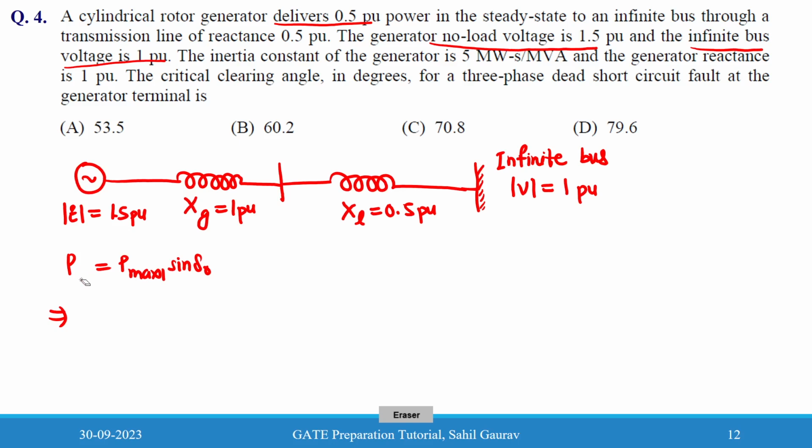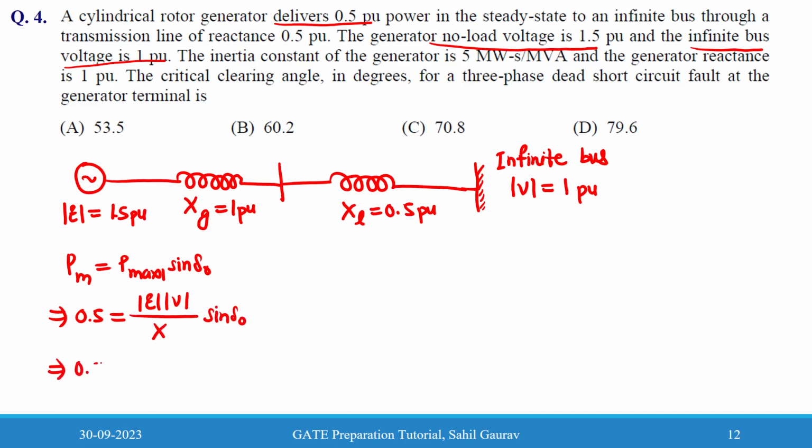It's better to write Pm so that you don't get confused. Pm is 0.5 per unit, that is equal to P max 1 sine delta naught, and how can we find P max 1? It is mod E mod V divided by X equivalent, times sine delta naught.